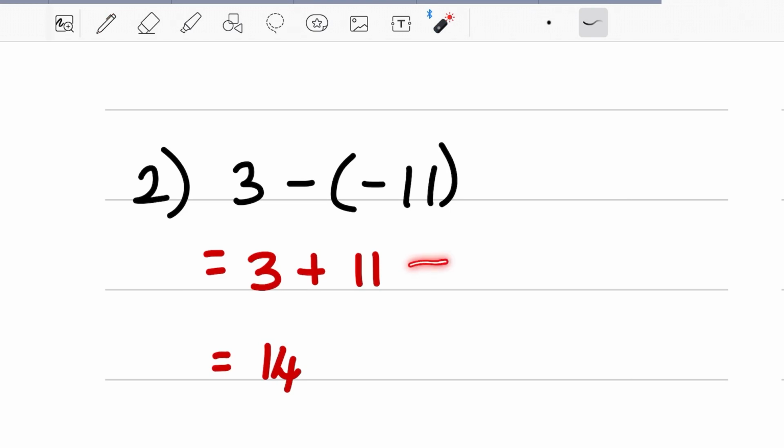Again, once we get here, we have two positive numbers, so the signs are the same, and we must add. 3 plus 11 is 14, and since they are both positive, your answer is positive 14.